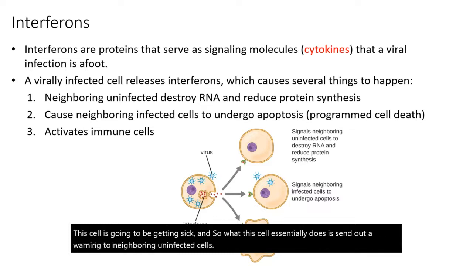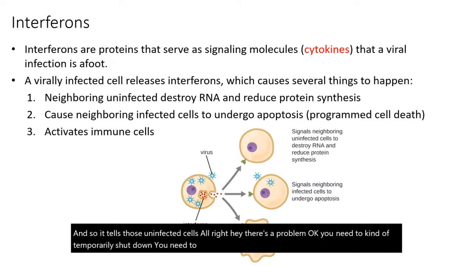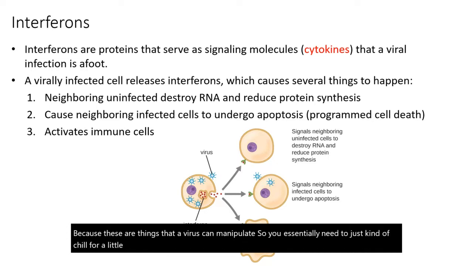And so it tells those uninfected cells, all right, hey, there's a problem. Okay. You need to kind of temporarily shut down. You need to destroy RNA. You need to stop protein synthesis, right? Because these are things that a virus can manipulate. So you essentially need to just kind of chill for a little bit until we know the threat has passed.